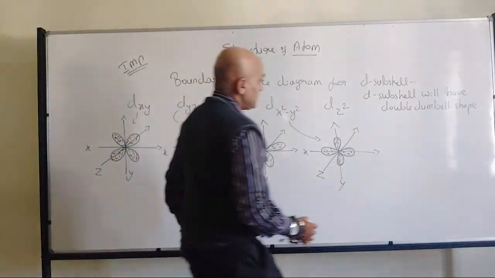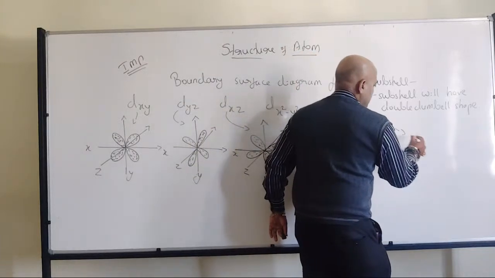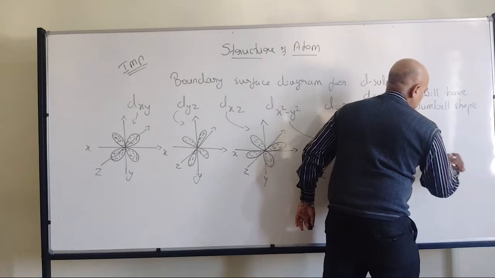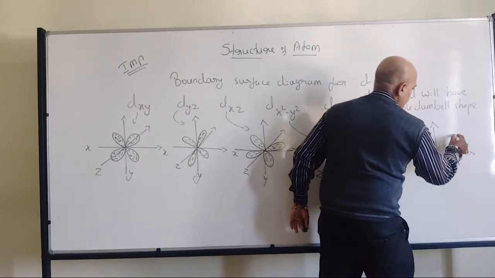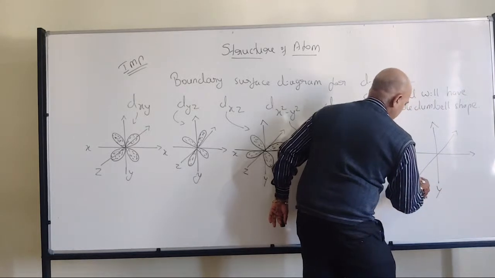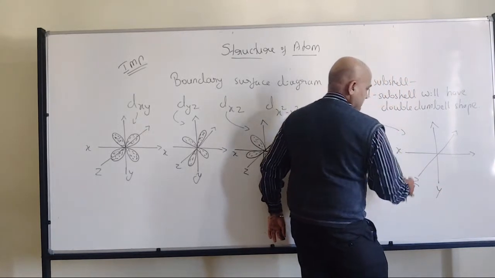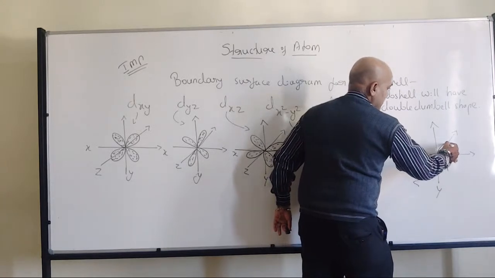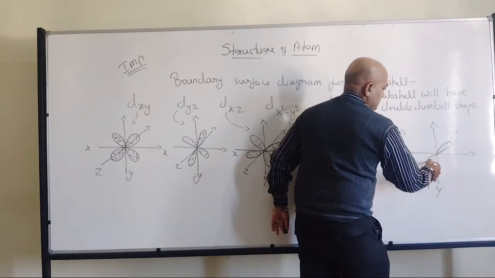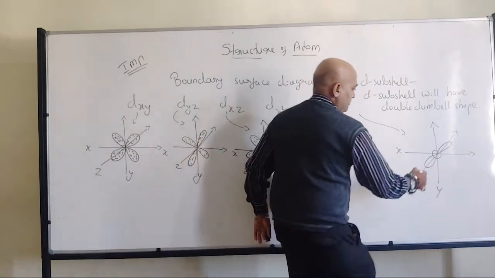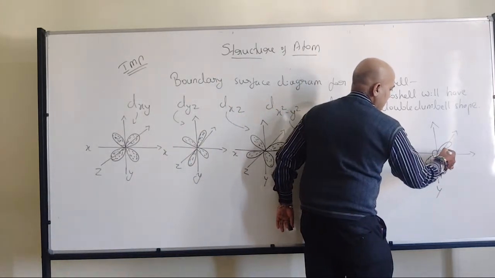Okay? And the last one, dz square. Okay? So now y, z, x. Now since I have taken this one as a z axis, it should be along the z axis and there will be a central circle.